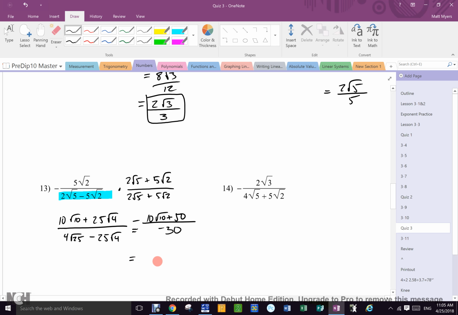Two negatives make a positive, so it's 10 root 10 plus 50 over 30. Cancel, cancel, cancel. And it's root 10 plus 5 over 3.